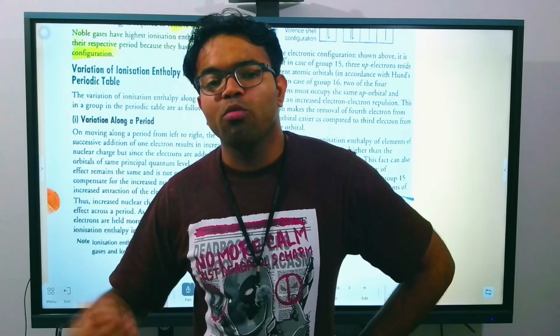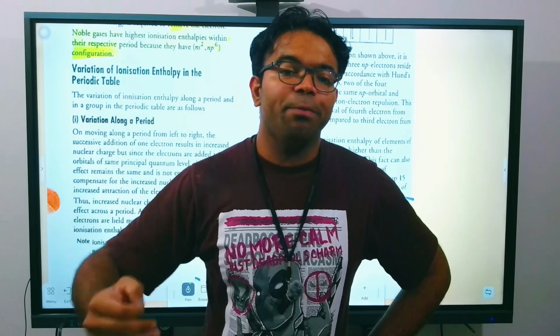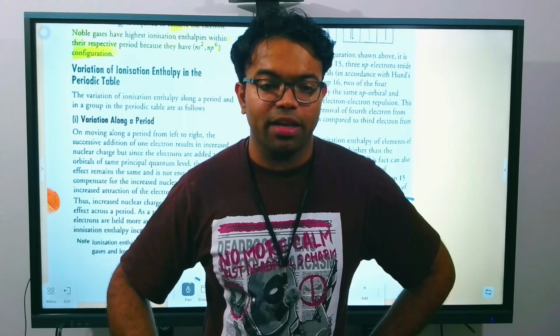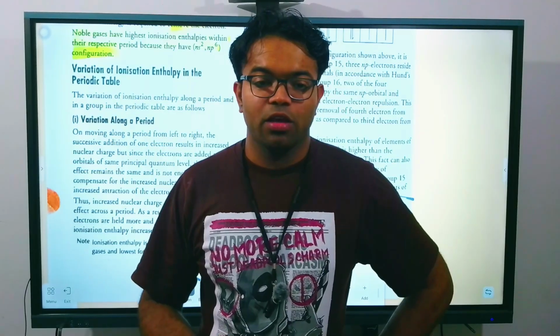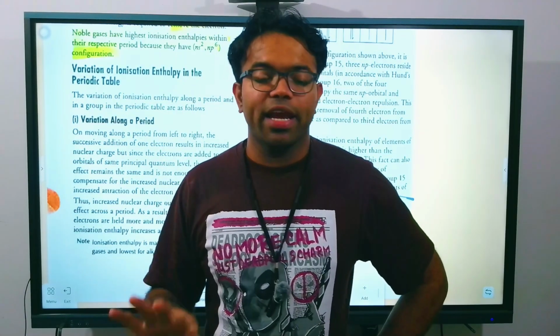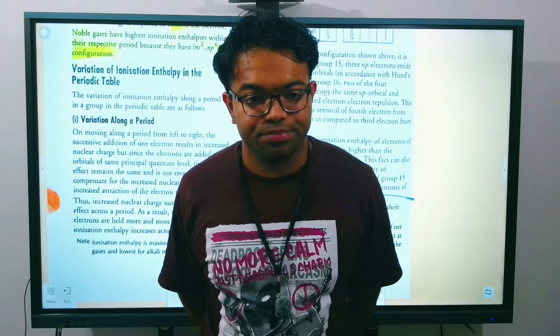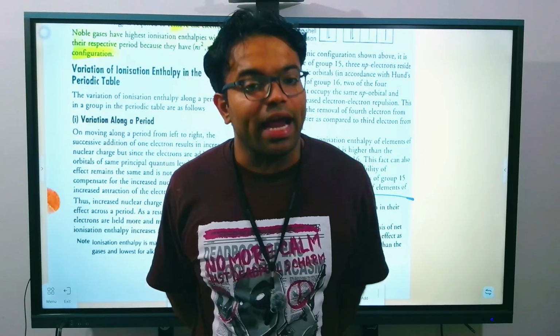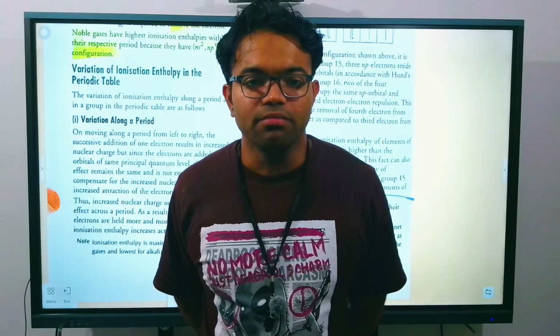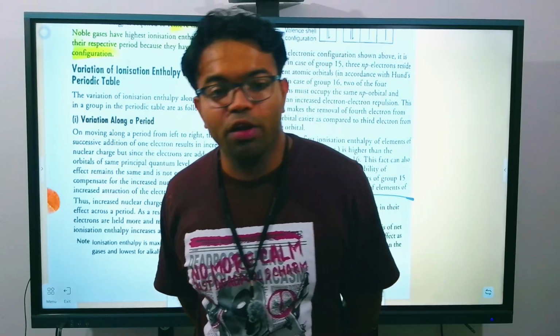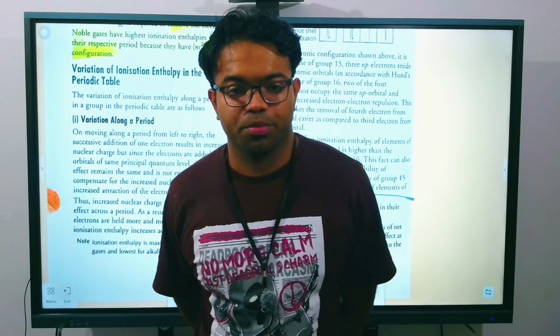Now, when you try to remove an electron from the np4 orbital, what happens? You are actually getting stability. Once you remove one electron, you will get ns2 np3 stability, right? That is the reason why the ionization enthalpy decreases as we go from 15 to 16.